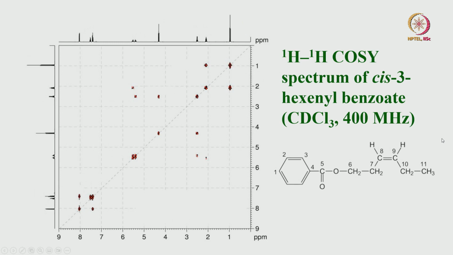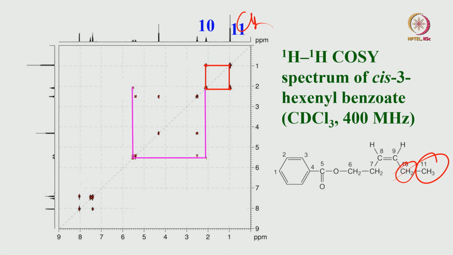Confidently I would say this is CA3, start with proton 11. Then come down and complete the square; this has to be proton 10. Proton 10 gives rise to a cross peak here, so this has to be proton 9. Proton 9 has a cross peak, and there is a multiplicity pattern here; you can see 2 groups.